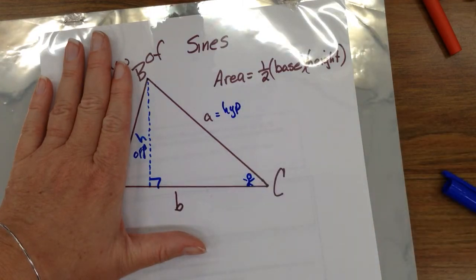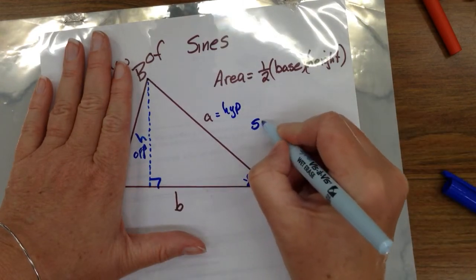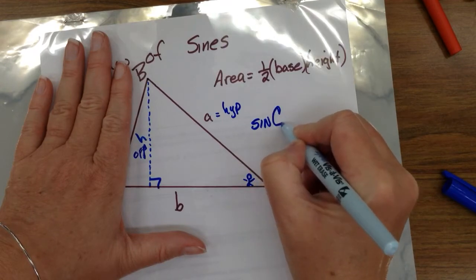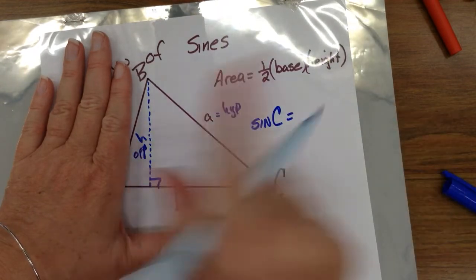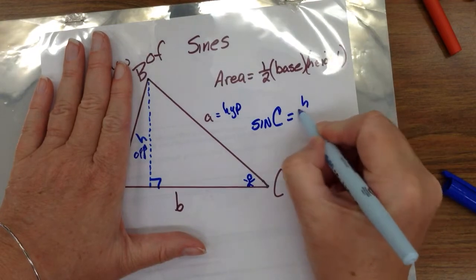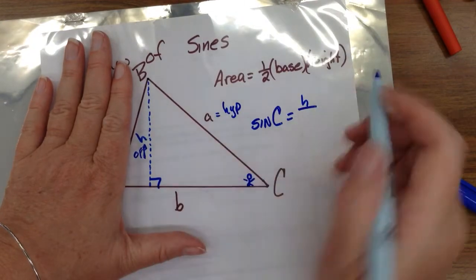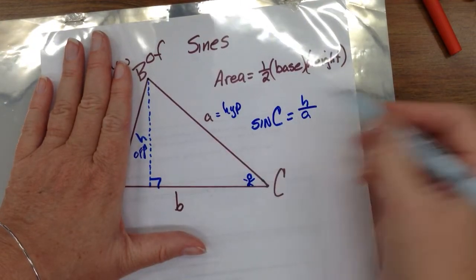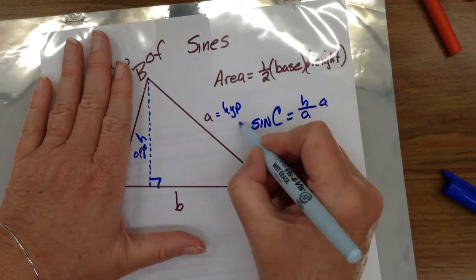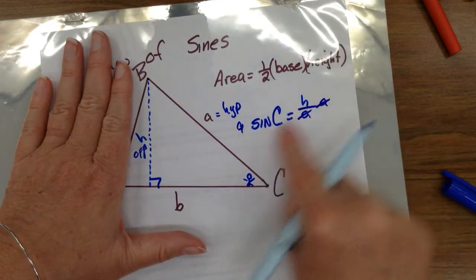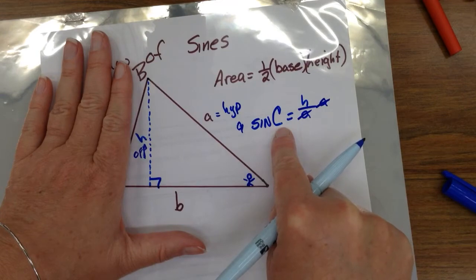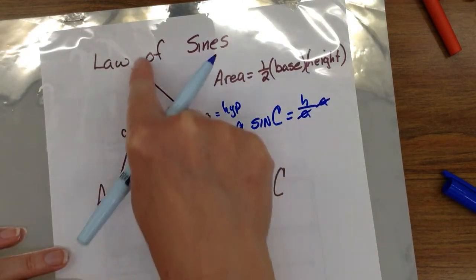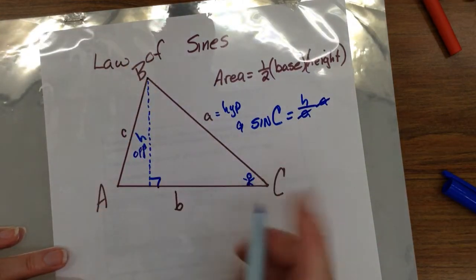So I can write a trig equation. The sine of angle C is the opposite height over the hypotenuse side A. I'm multiplying by side A on both sides. And now our height is A sine C. Now, the height is perpendicular to the base.